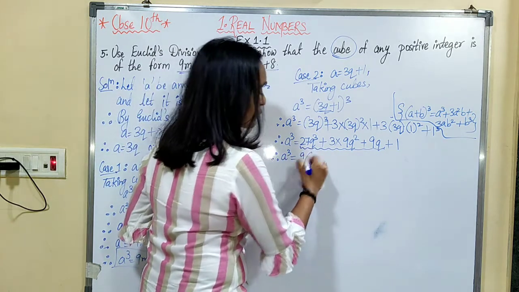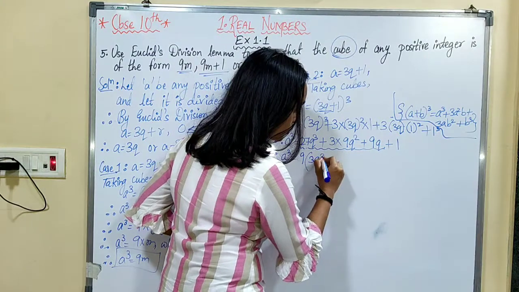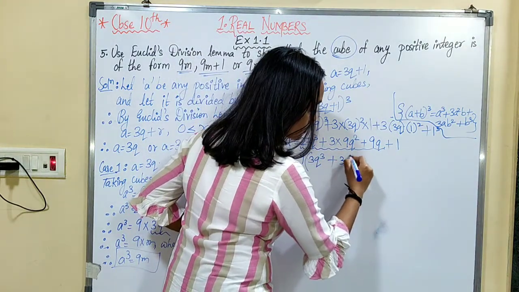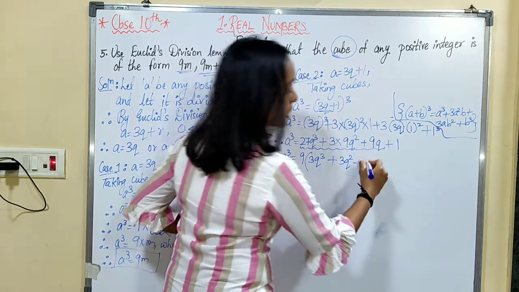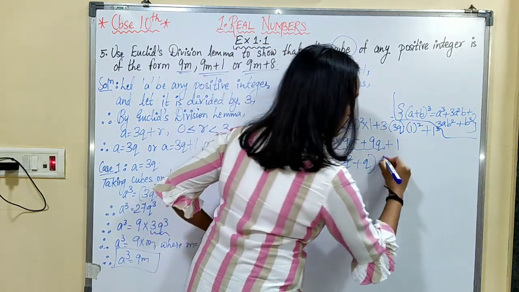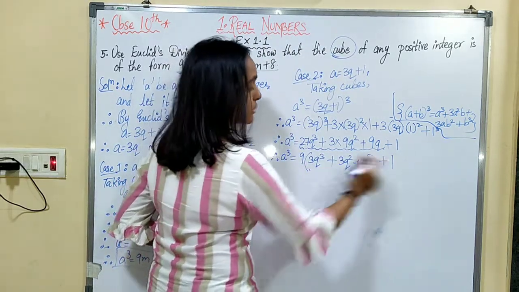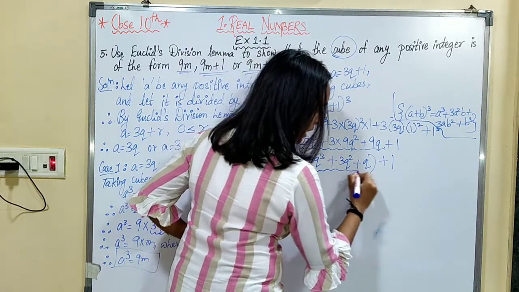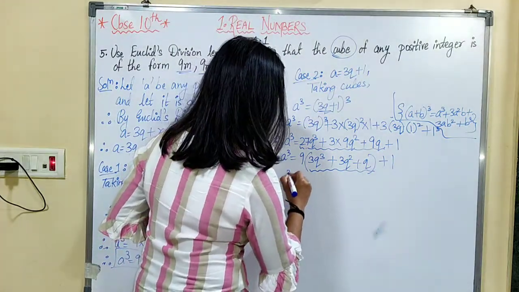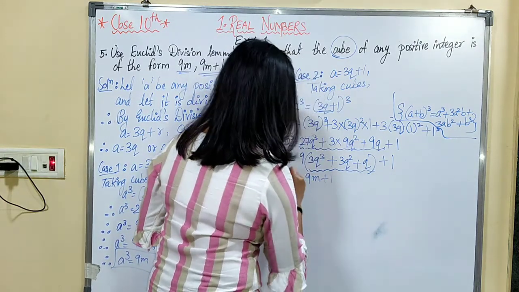So taking 9 from this, 9 times 3 is 27, so 3q cube plus 3q square plus q, bracket is complete, and then plus 1. So now to get 9m plus 1 we will put this value as m. So therefore you get a cube equals to 9m plus 1.